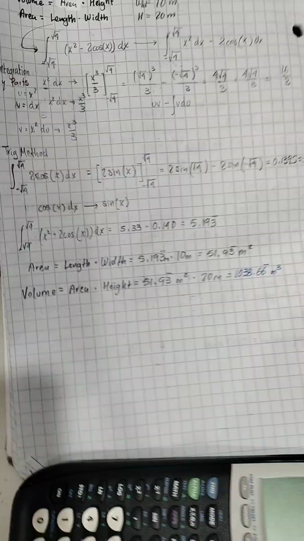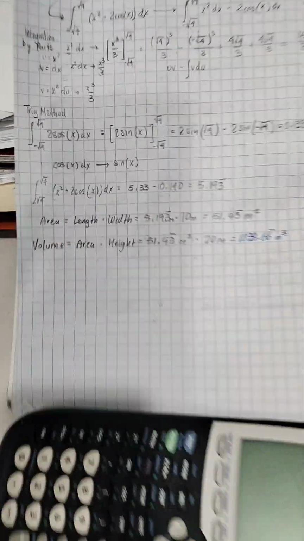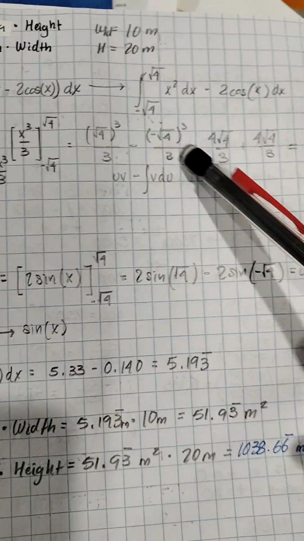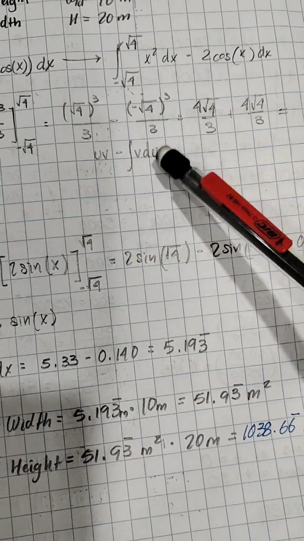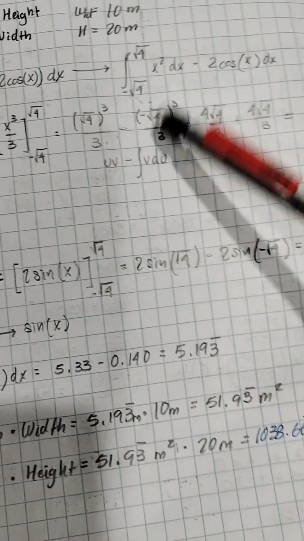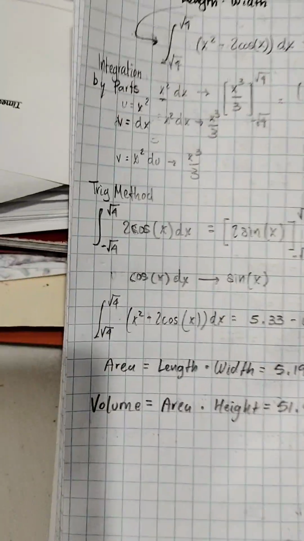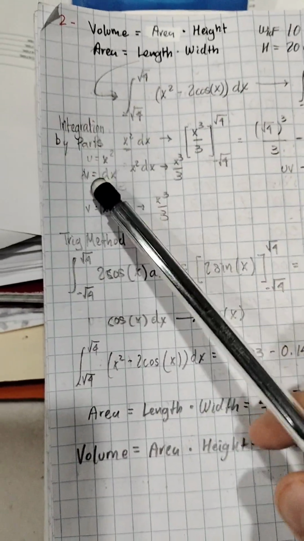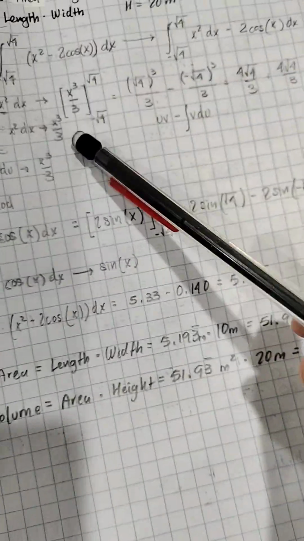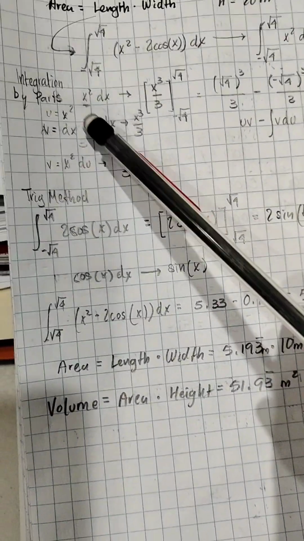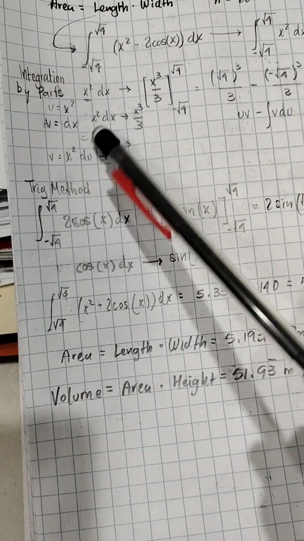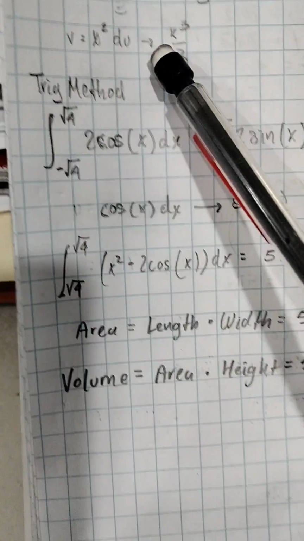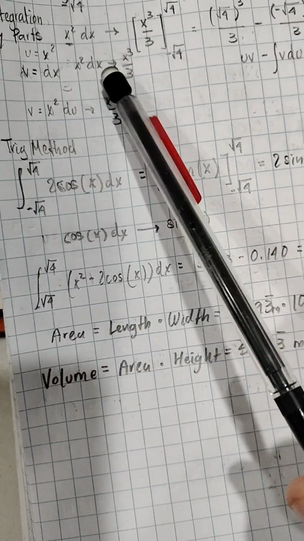For practicality and for the problem requirements, we are going to use different methods to get their integrals. From here, for x squared we are using the most basic one, which is integration by parts, but because it's just x squared, it's an easy one, so we don't have to do much.